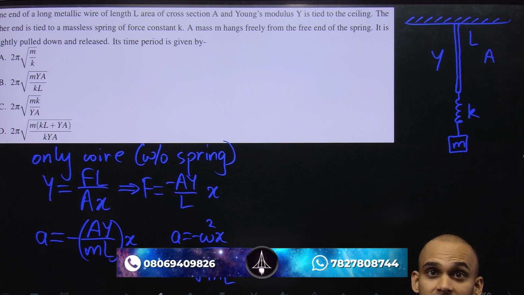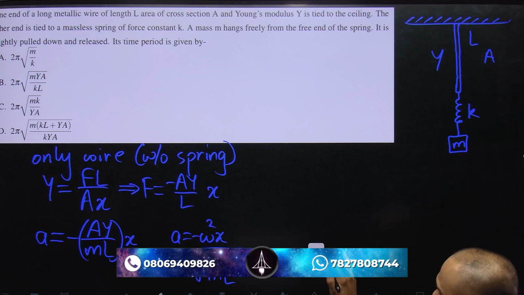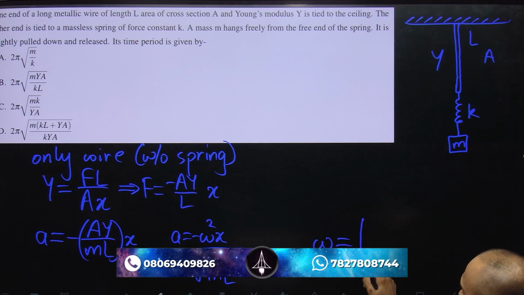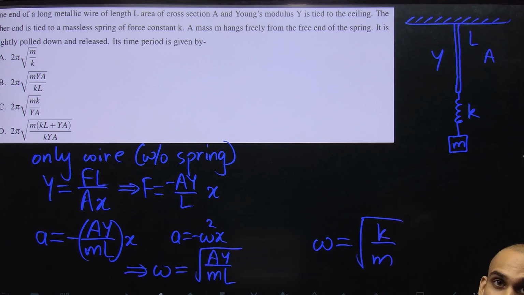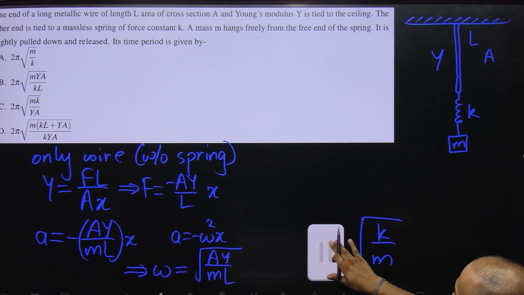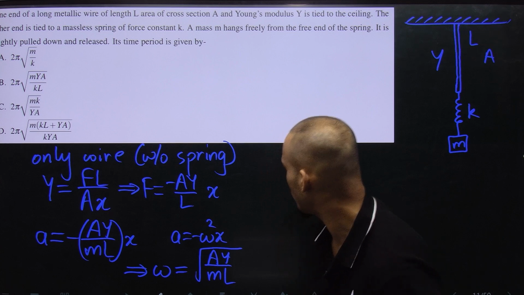Now compare this with the fact that for a spring mass system, omega is given by under root k by m. So whatever is in the numerator of the mass in the angular frequency term, AY upon L in this case, can be thought of as an equivalent spring constant.